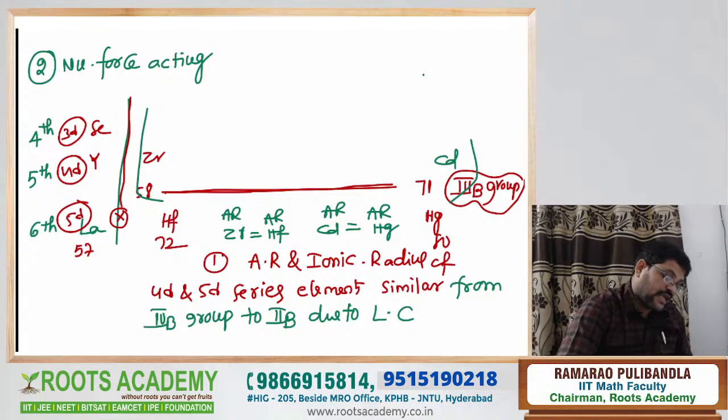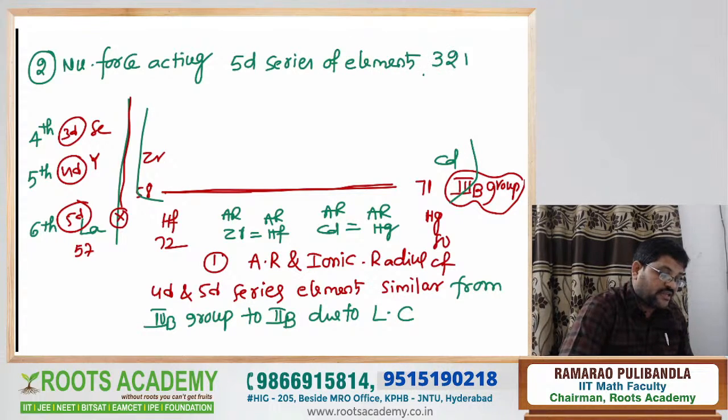The nuclear force acting on the 5d series of elements is 32 times heavier than on the 4d series of elements. Simple logic. The nuclear force acting on the 5d series of elements is 32 times heavier than the 4d series of what?